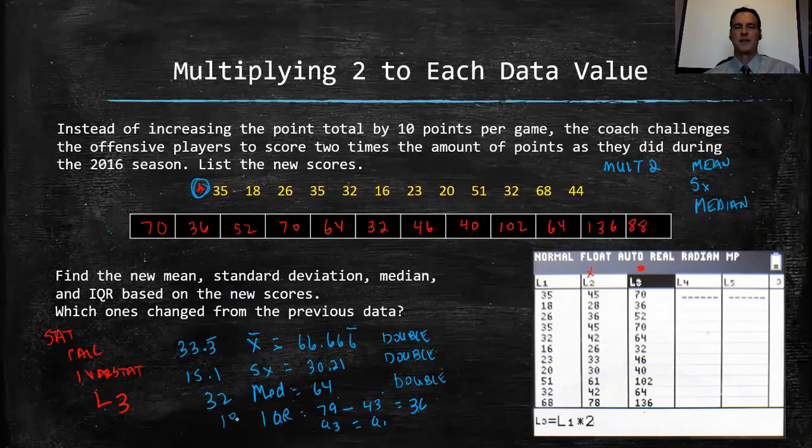Before it was 18. That is also double. So it changed everything. Now what's cool is, what did it change everything by? Well, it changed everything by a multiple of 2. And why? Because you doubled all your original data.